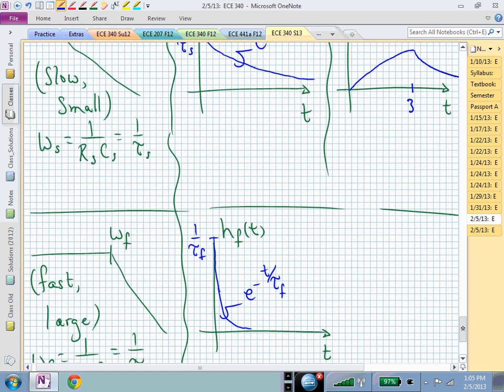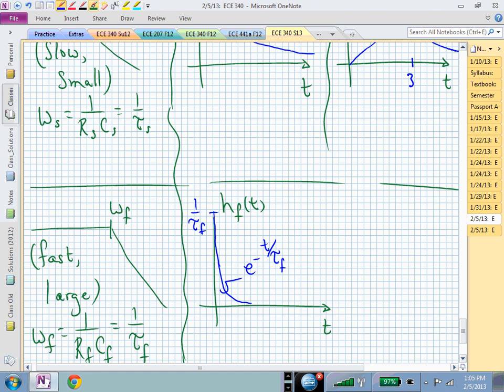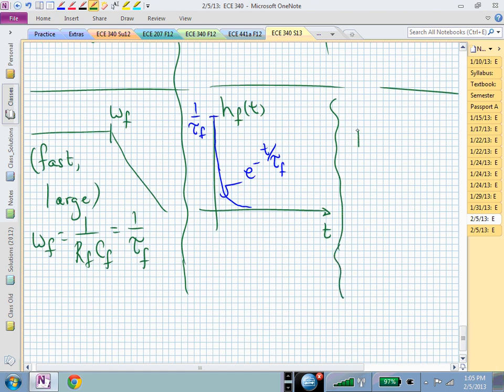Now if we go down here, and if we look at the same question, this is now V sub O of t. What's going to happen to this output? Now it's going to charge up really fast, isn't it, that capacitor? And the output voltage is going to reach its final value quite quickly because it's a fast system.